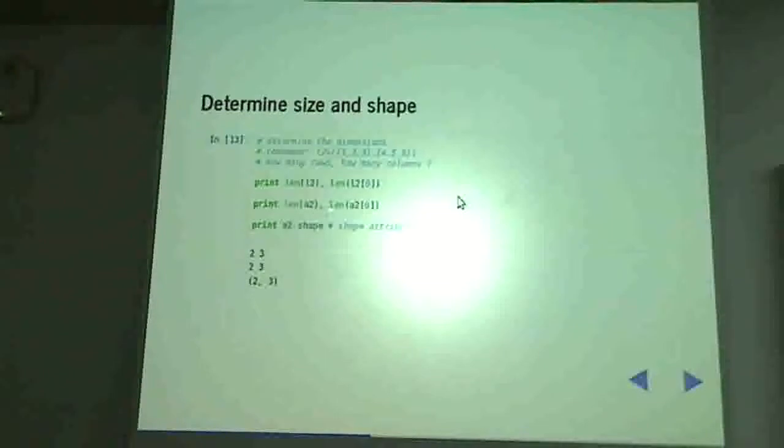Length of A2 basically refers to the number of rows that you have, and length of A2[0] refers to the number of columns that you have in this 2-dimensional array. If you print A2.shape, now shape is a value or a constant associated with that particular object A2, whereas A2[0] represents the first element of A2.